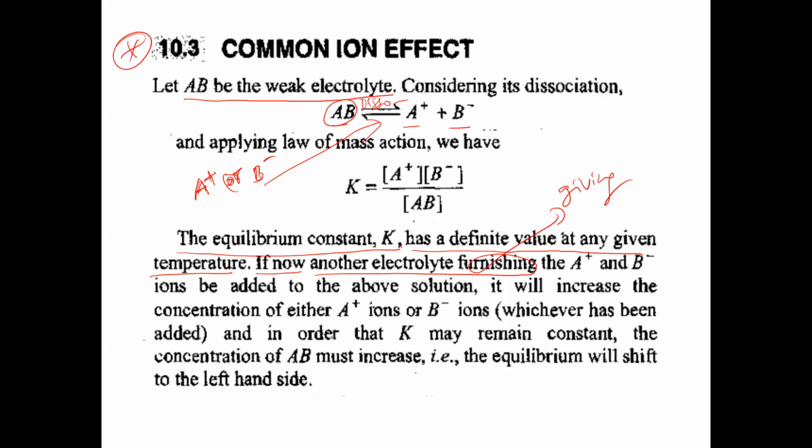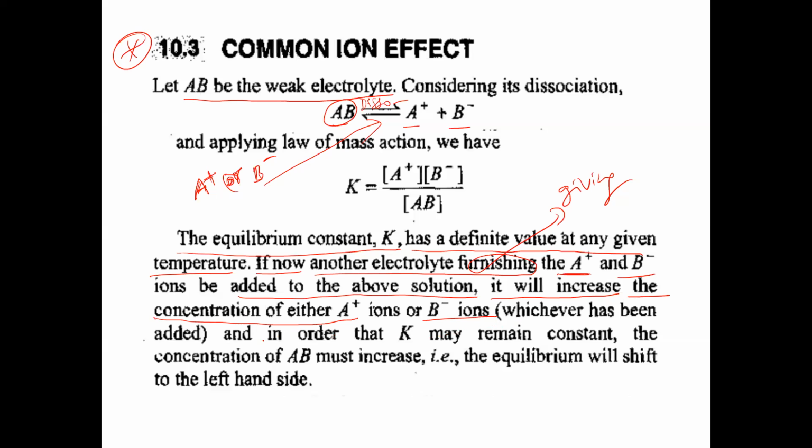The equilibrium constant K has a definite value at a given temperature. If now another electrolyte furnishing A plus or B minus is added to the above equilibrium solution, it will increase the concentration of either A plus or B minus ions.